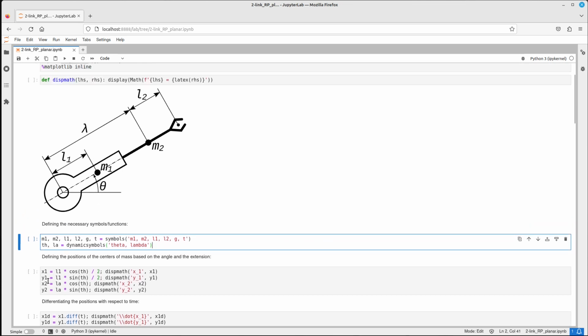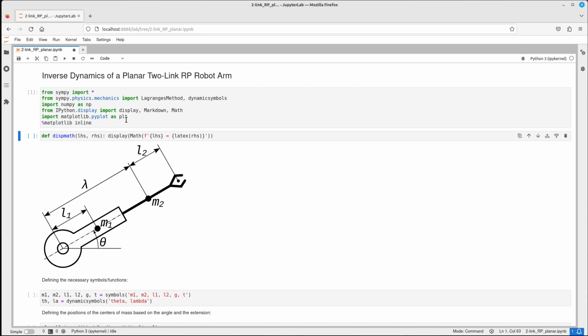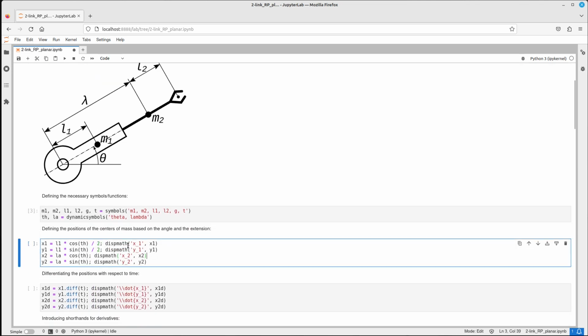Okay, so this is just pure math. Well, before we go here, let's just run those cells. Okay, so we define the positions of the centers of mass based on the angle and the extension, as I said before. So here we have L1 times cosine theta divided by 2, because we're treating those as slender rods.